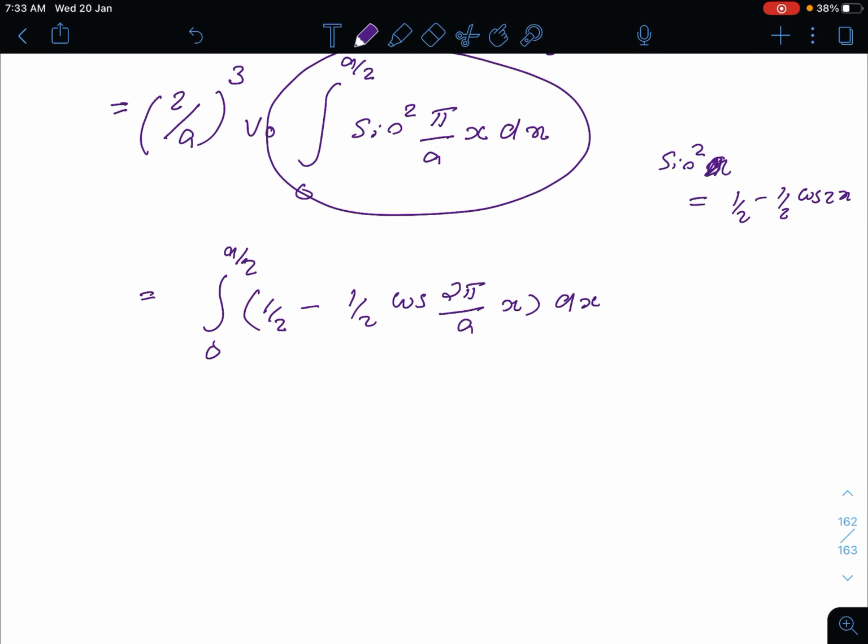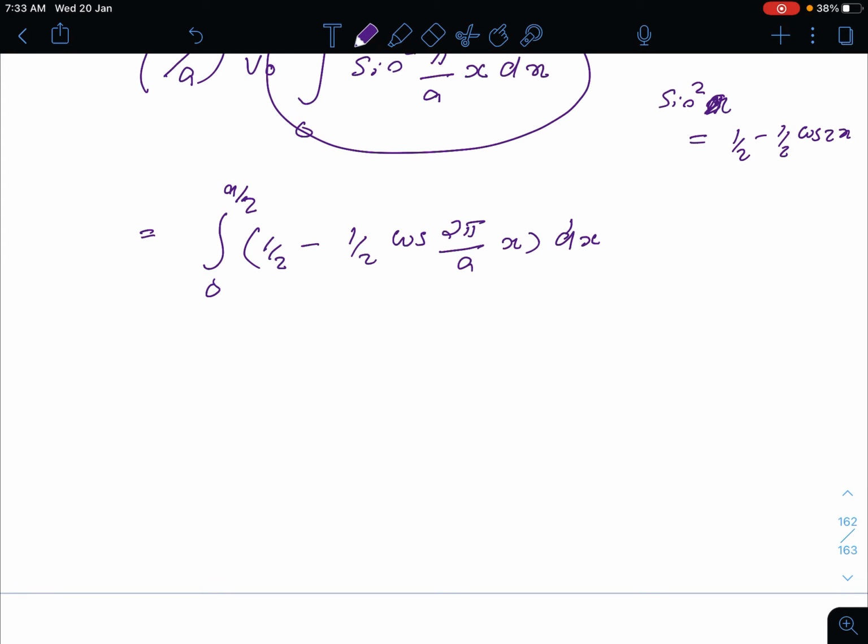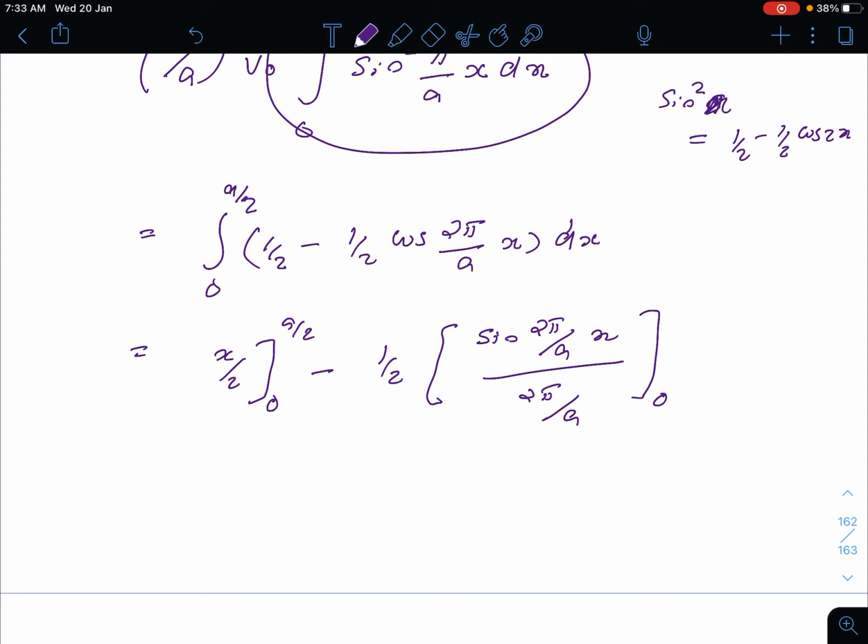Now on integration, what I will be getting is x by 2 from 0 to a/2, minus half cos 2 pi by a, that is sine 2 pi by a x divided by 2 pi by a, from 0 to a/2.